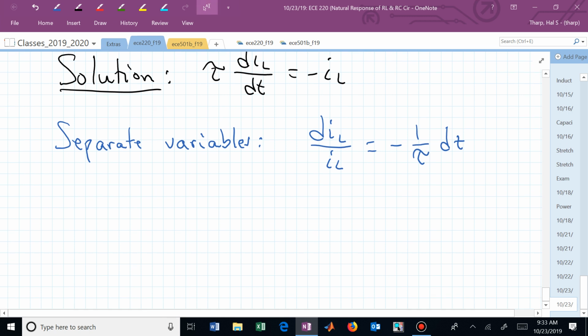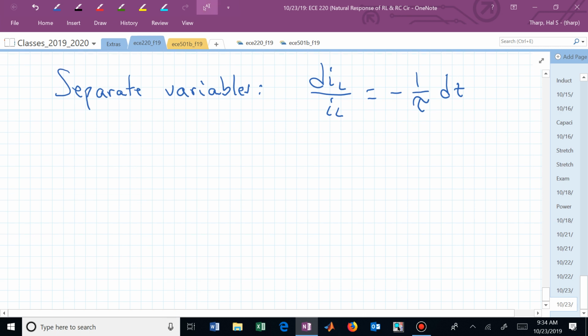Now we have one variable on one side, another variable on the other. We've got them separated. We can integrate both sides now that they're by themselves. So let's now integrate.